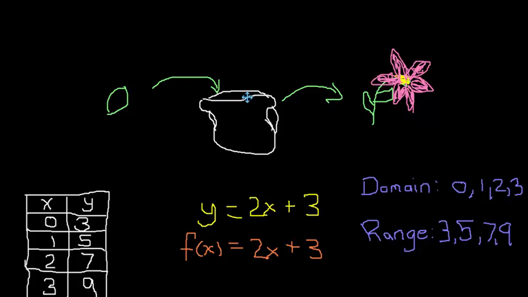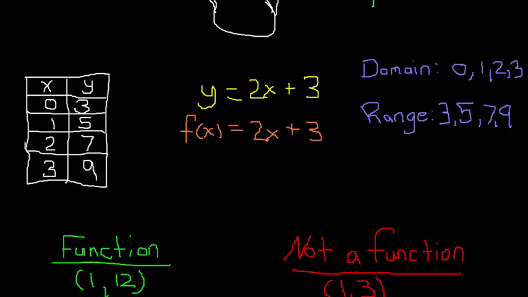Okay, so that would be again my domain, and the output or the range would be the flower. So imagine this is like a flower, okay, and I could put a different seed in instead of a flower. Maybe it's a tomato plant, so it depends on again what you put into it, and that's really what a function deals with.